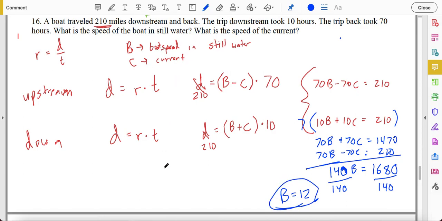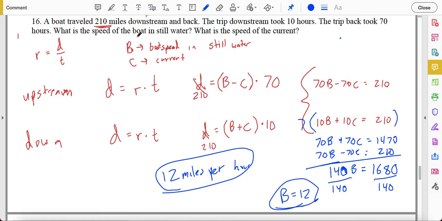And that's the boat speed in still water, 12 miles per hour. Now I solved for B first, and that's what the question was asking for here. But I also want to know the speed of the current. The speed of the current we have to plug back in to get.